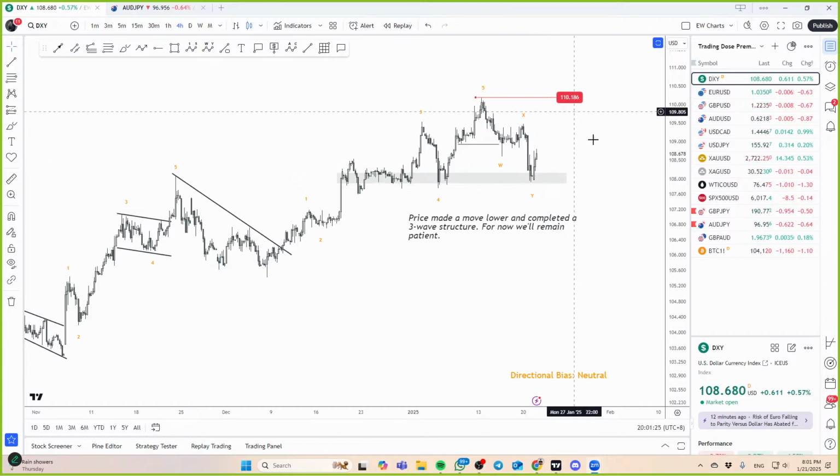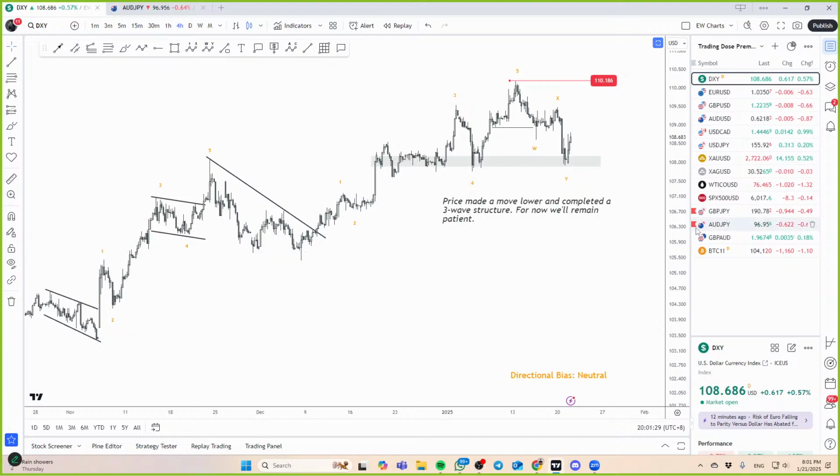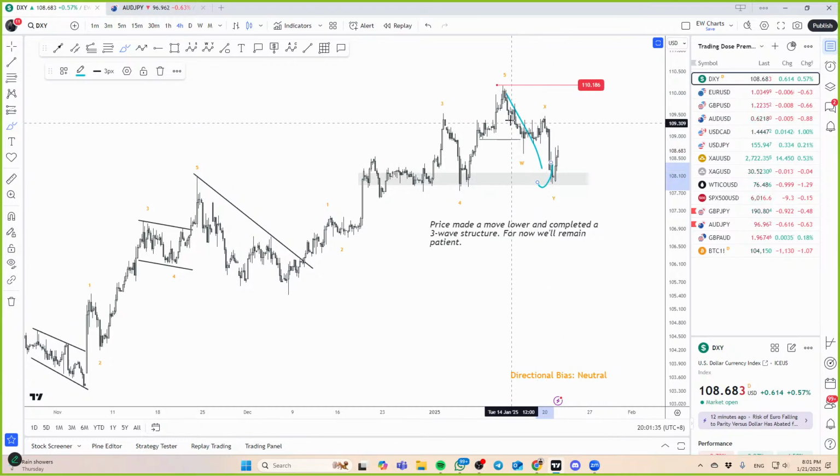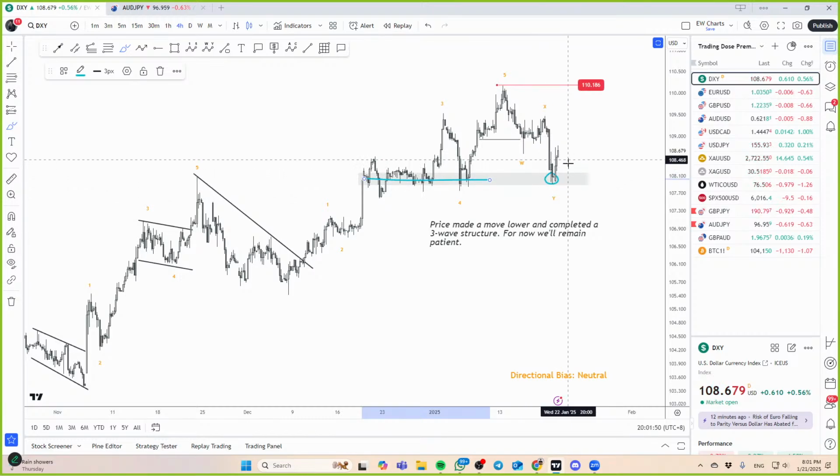Having said that, if you take a look at the dollar index chart, we did expect this pullback, and very nicely, it occurs in wave 3. Also, very nicely in confluence, price stopped falling just where the area of consolidation previously was, and we can see a nice little reaction back up.